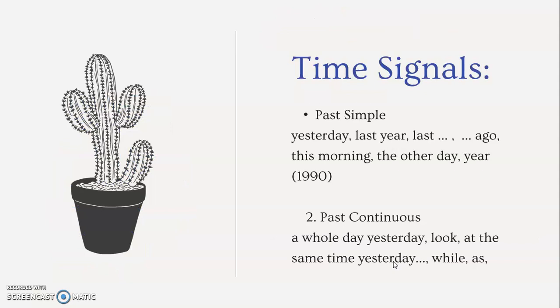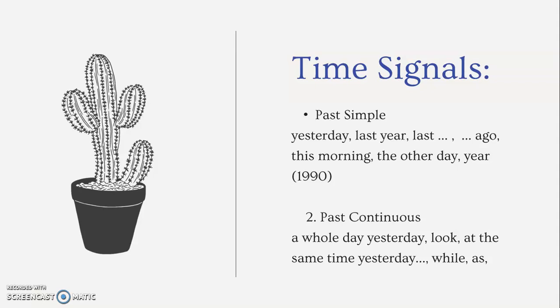Next, about the time signals. For past simple, we have yesterday, last year, last week, the name of a day, the name of a month, a week ago, two days ago, two years ago, this morning, the other day, or a specific year with numbers.